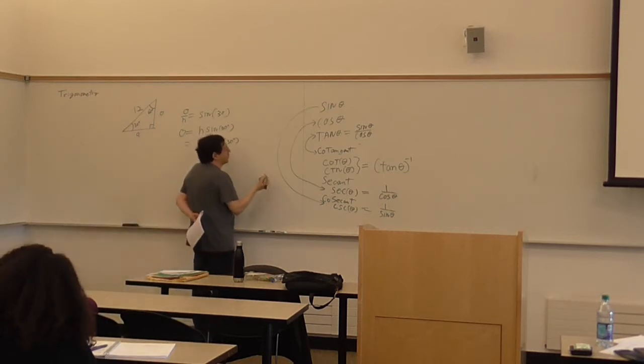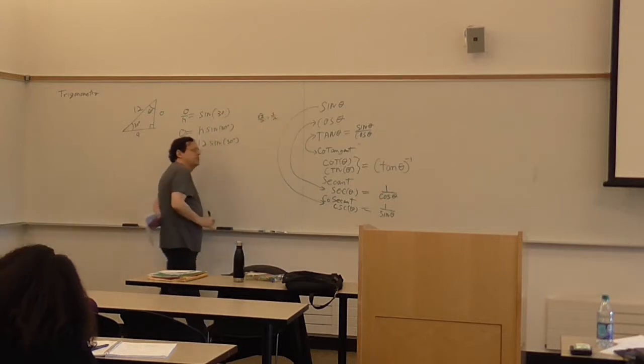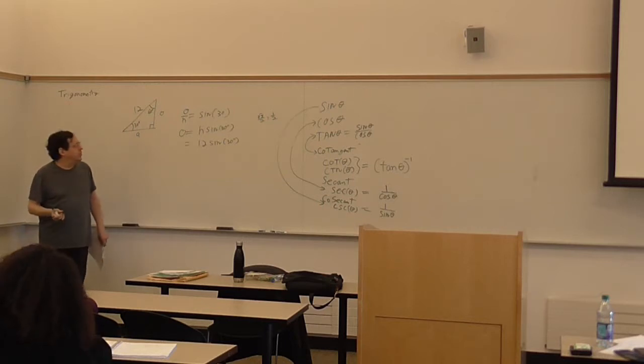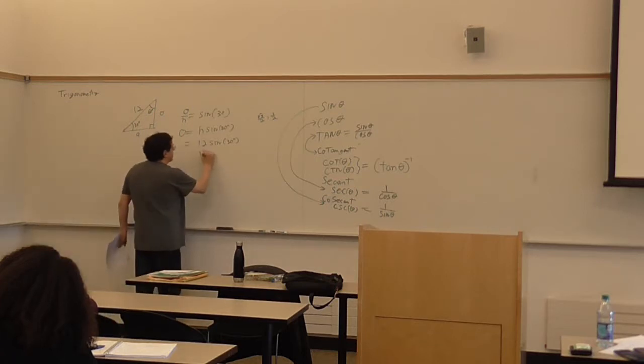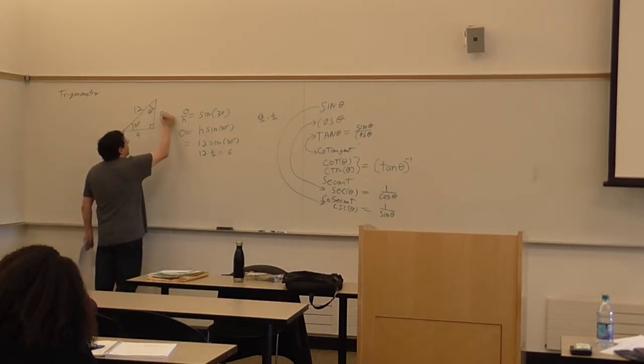Well, it's in the first quadrant, so it's positive. The choices are square root of 3 over 2 and 1/2. Anyone recall which of these it is? It's 1/2, yeah. 12 times 1/2, so this side here is just going to be 6.